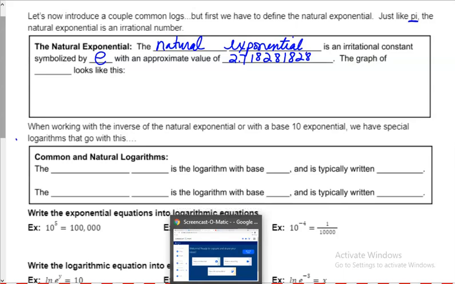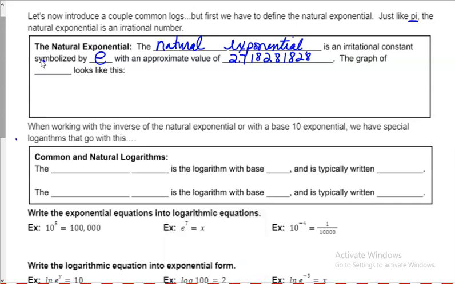Now, the graph of f of x equaling e to the x looks like this, where if I were to do some t-table, where I let x be 0, let x be 1, let x be 2 if we want to do that, we can plug 0 into here and get e to the 0 power.